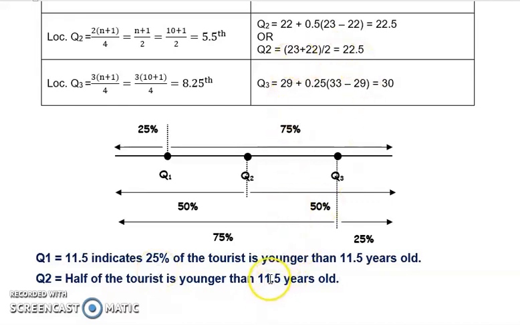Our Q2 value just now is 22.5. So, interpreting correctly, half of the tourists are younger than 22.5 years old.